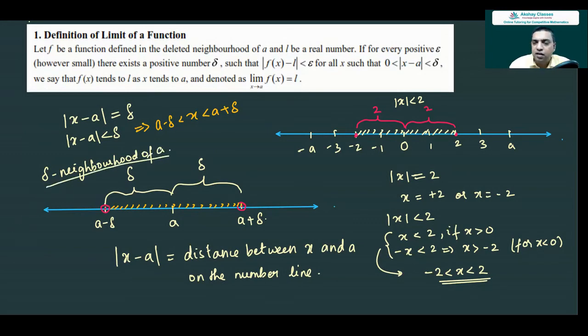All right. Now, when x is equal to A exactly, this value will be 0.